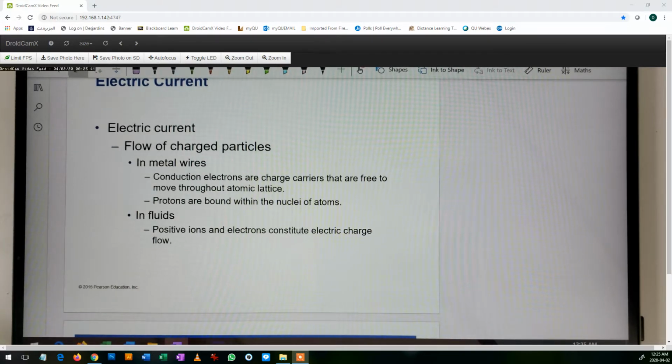In fluids, positive ions and electrons constitute electrical charge flow. So in fluids, positive ions can also contribute to the electrical current.